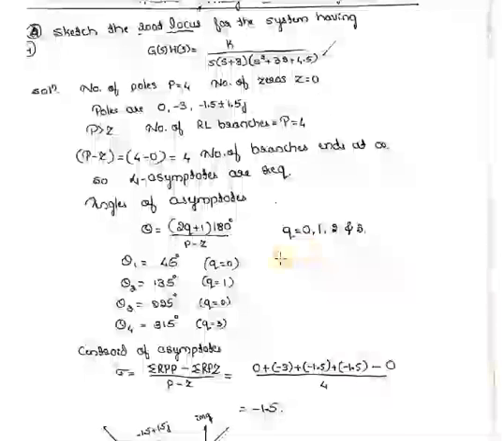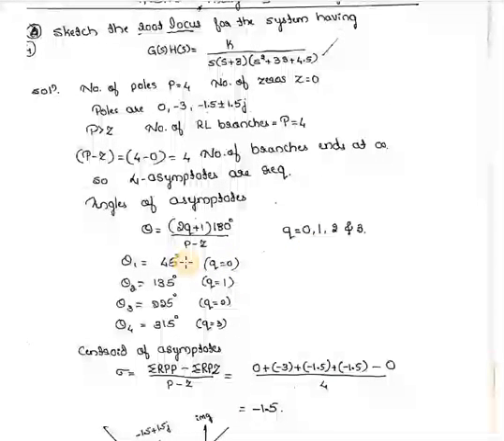Substituting these values, you will get theta 1 as 45, theta 2 as 135 degrees, theta 3 as 225 degrees, and theta 4 as 315 degrees. Then we need to identify the centroid of those asymptotes.